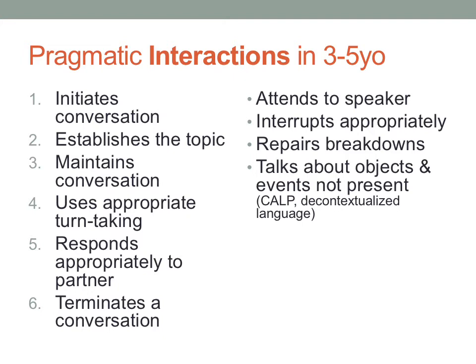That's a sophisticated pragmatic interaction skill. And they're learning more about talking about objects and events that are not present. So decontextualized language, abstract language, or what we have called cognitive and academic linguistic proficiency. So this is a time period when they're learning that level of interaction ability.